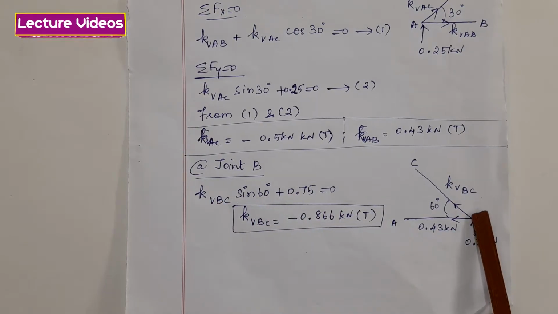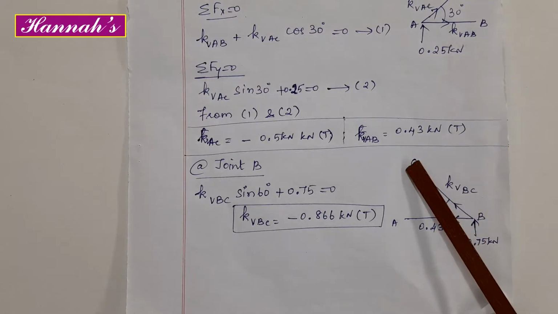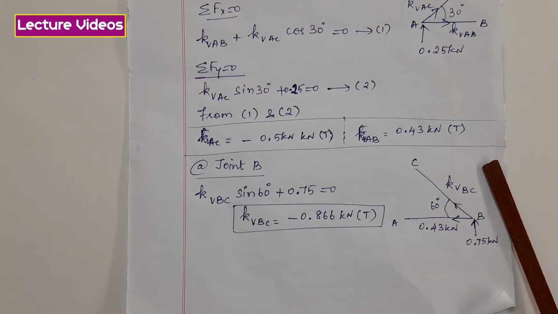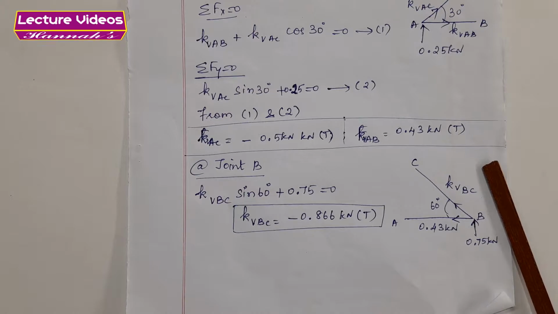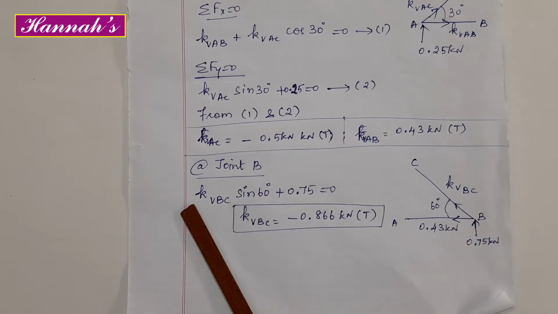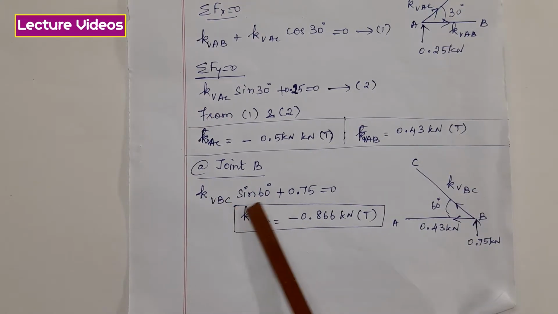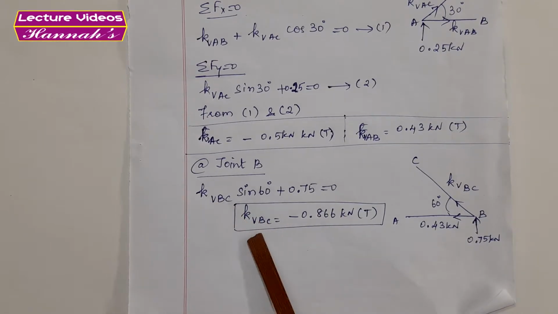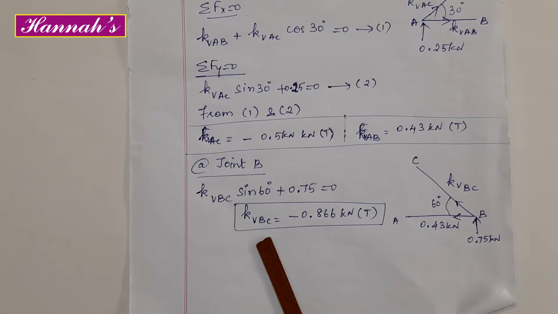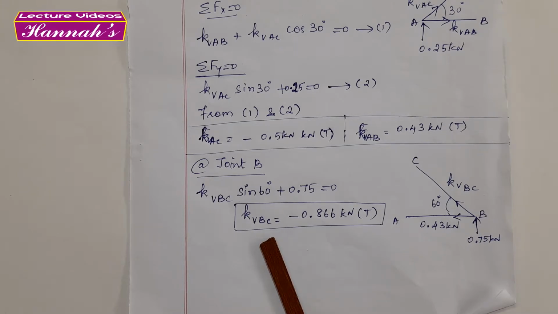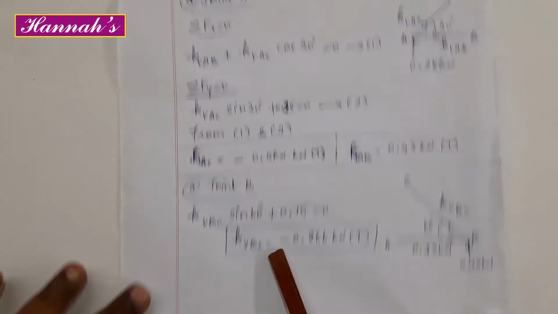So 0.75 in the positive direction and vertical component of the inclined member force KVBC sine 60 going in the positive direction, both positive. An equation is formed. Finally, the unknown is determined. Now the three member forces are calculated for a unit load applied at joint C.